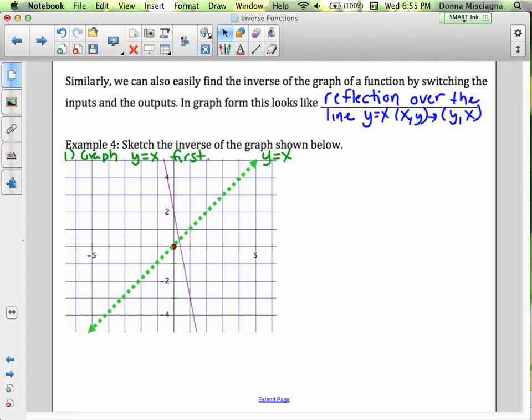All right, so now all we have to do is switch our x's and our y's, our domain and our range. And it's easy, we don't even need too many points on a linear function. If we've got 2, we're good. It's good enough. All right, so I see this point here, 2, 0. Oh, excuse me, 0, 2.